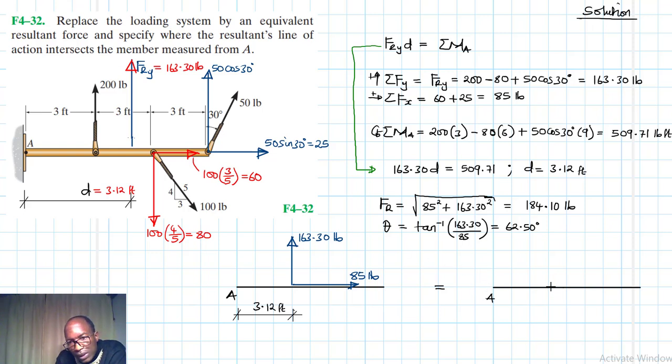So our resultant is going to be at this point, and it will be something like that. Let's just assume something like that. Alright, and the value of this particular force we said is 184.